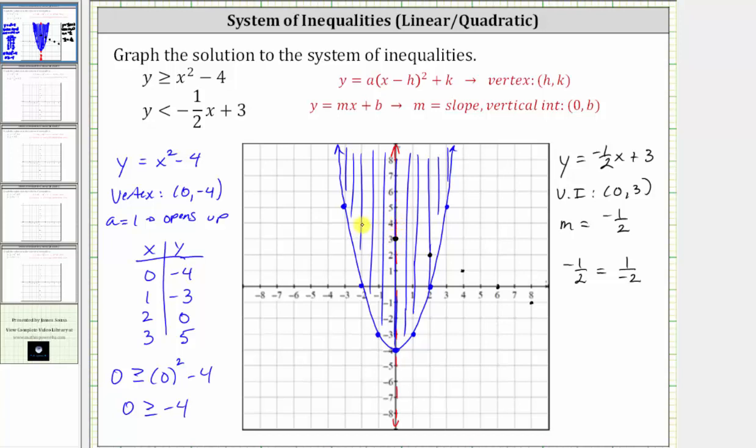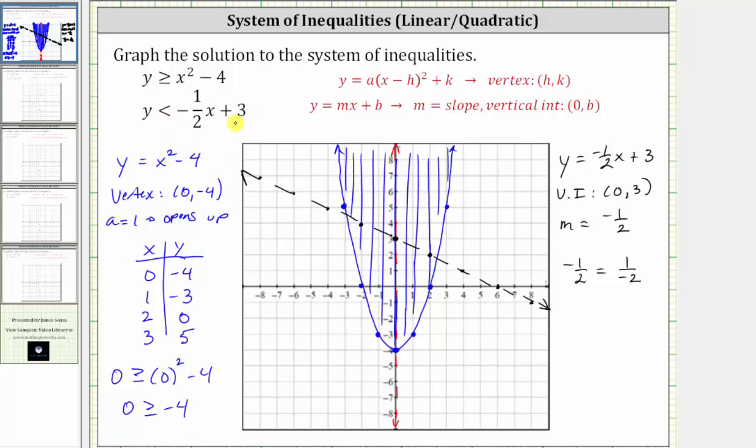So up 1, left 2, up 1, left 2, and so on. Now again, we make a dashed line because the inequality is less than, not less than or equal to. And because we have y is less than negative 1/2 x plus 3, we shade below the dashed line.